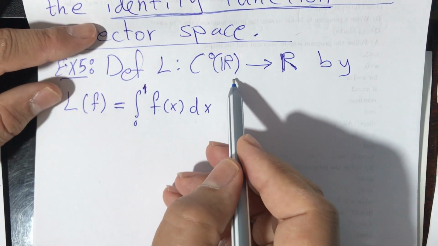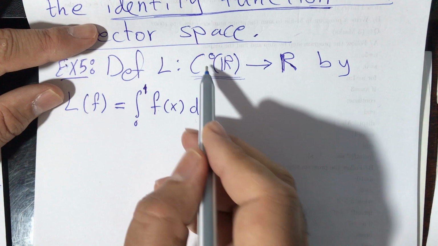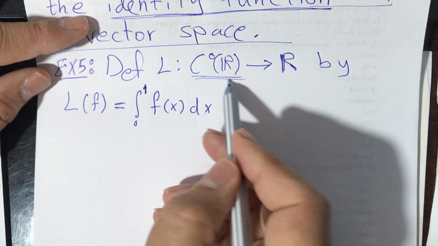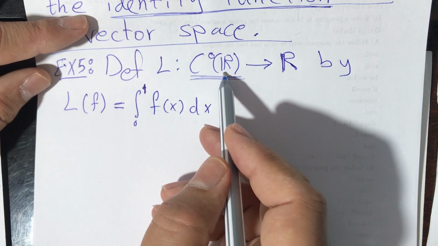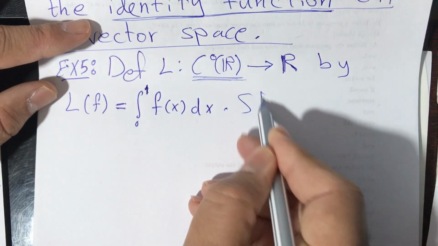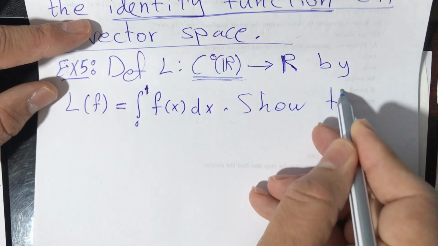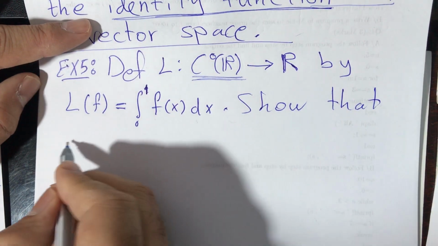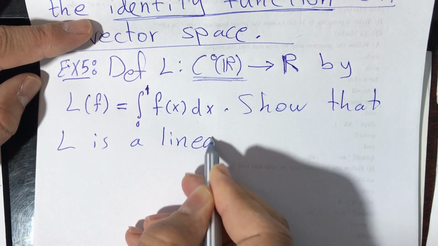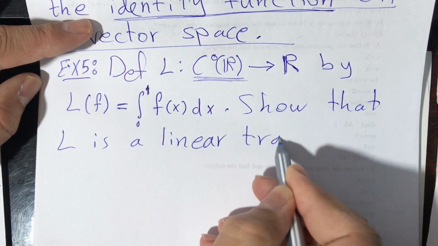And this is the space of continuous functions in R. Show that L is a linear transformation.